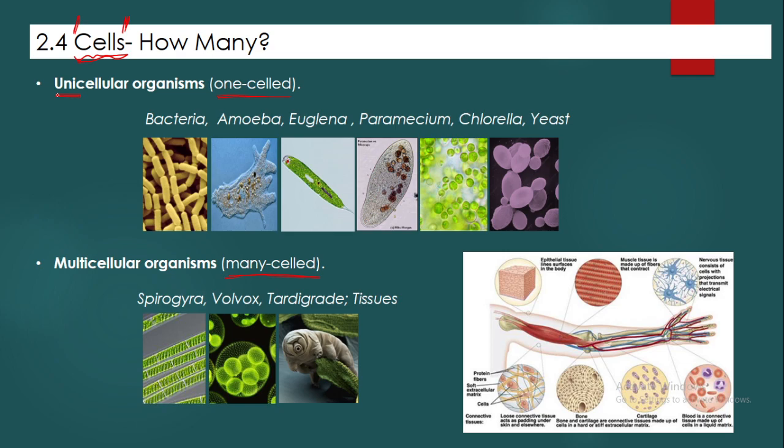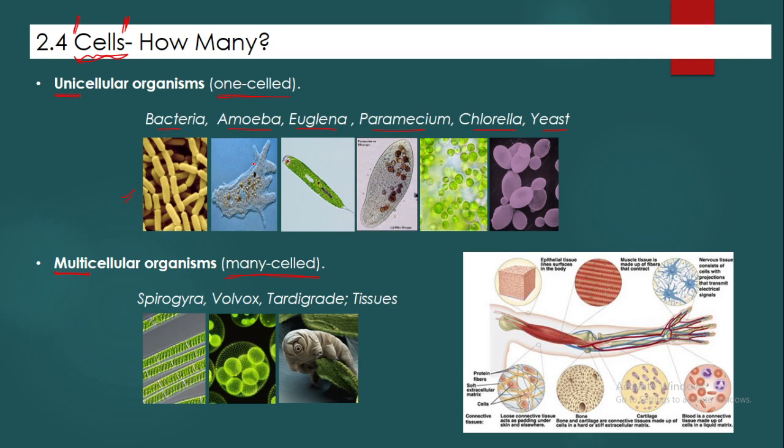Some examples of the unicellular organisms include bacteria. All of these unicellular organisms that we are seeing here, we can't see with the naked eye. We need a microscope to look at them. Bacteria, amoeba, euglena, paramecium, chlorella, yeast. If you take a little bit of pond water, you will be able to see bacteria, or if you take curd, for example, you will be able to see lactobacillus bacteria.